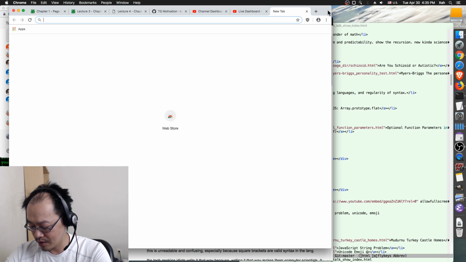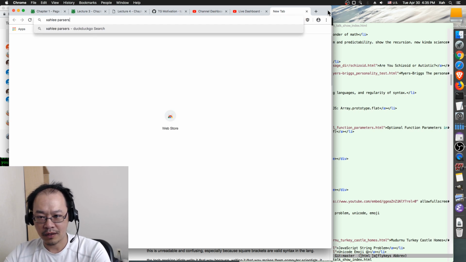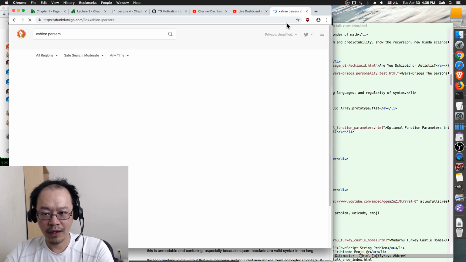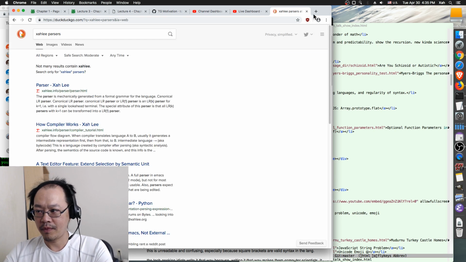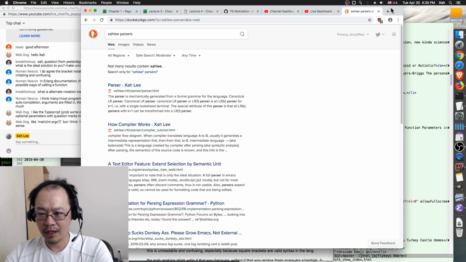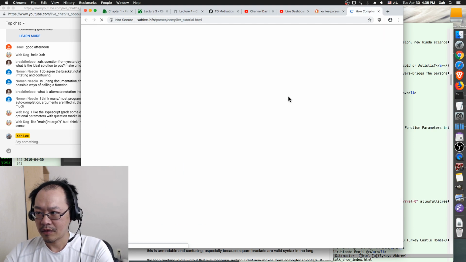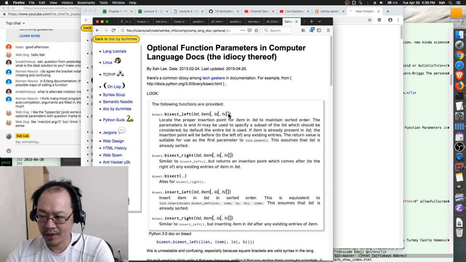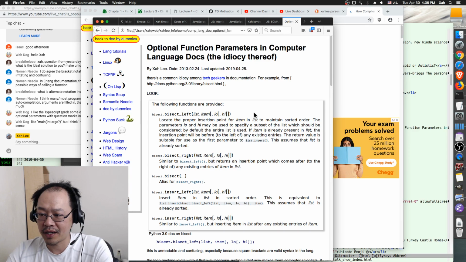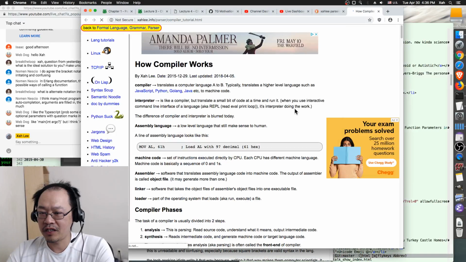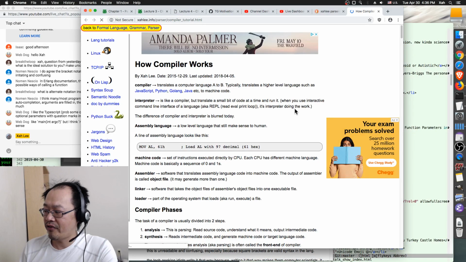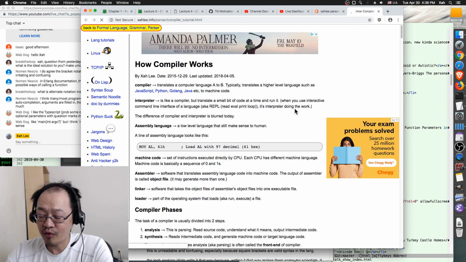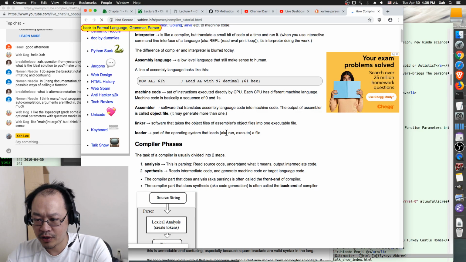So let me go into the parsers. What I'm saying is that this notation for optional parameters with the square bracket came from the conventional notation for expressing grammar. Okay, programming language grammar. Let me show you.